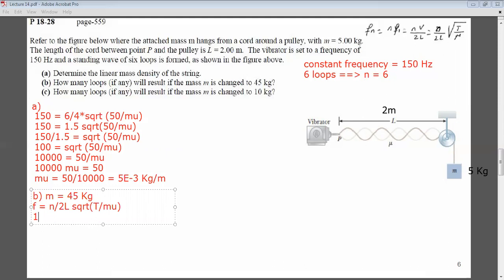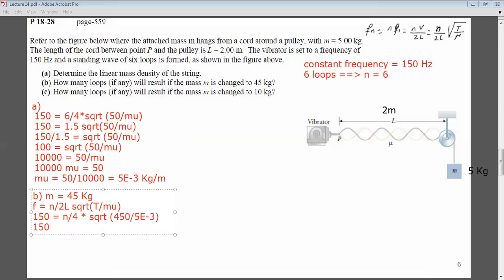F is 150, n is our unknown, 2L is 4, times the square root of tension, which is mass times gravity, so 45 times 10, which is 450, divided by mu, which we have just calculated.